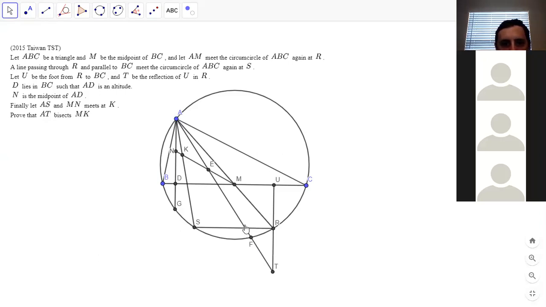So I draw this point right here. Maybe I could project KEM.